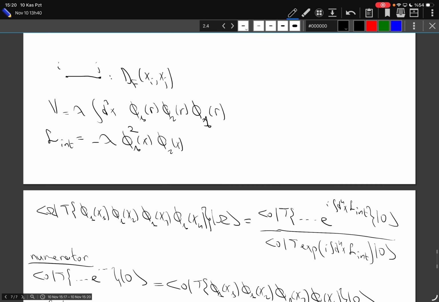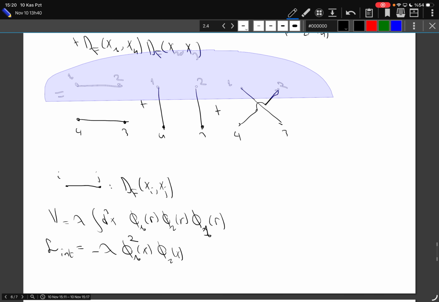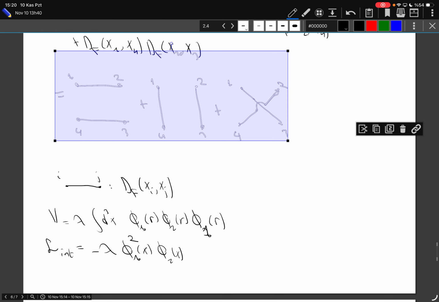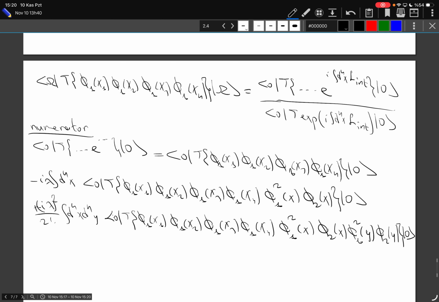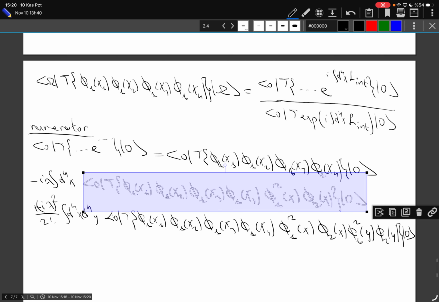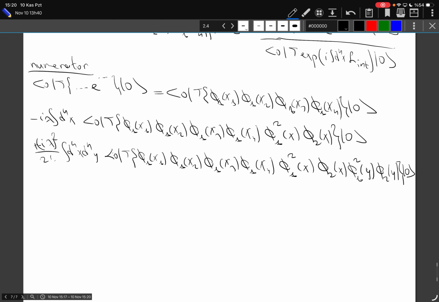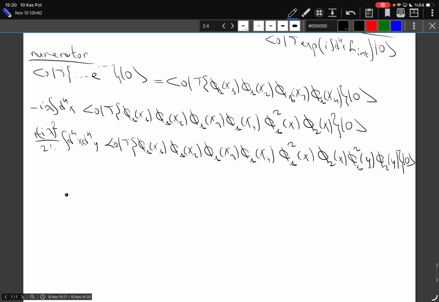It just is these three diagrams. Now there's actually no scattering here. Then we have this term. Now let me just put the points. I have x1, x2, x3, x4.